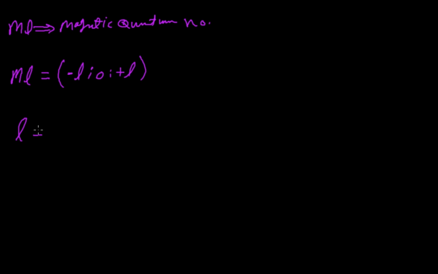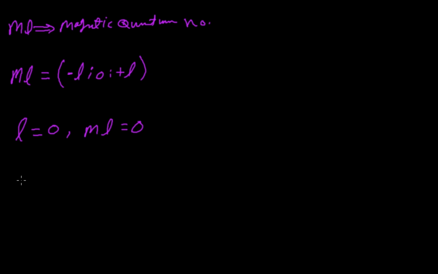When L is equal to 0, then ML should be negative 0 to 0 till positive 0. That means you have 0, right? So ML should be 0.